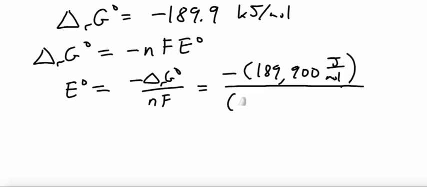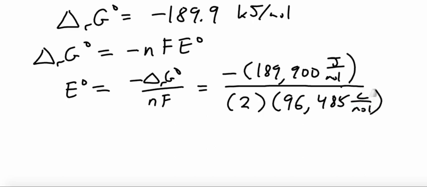Okay, so we said there were 2 electrons being transferred since we're having a 2 electron process here. And we put in Faraday's constant, 96,485 coulombs per mole.